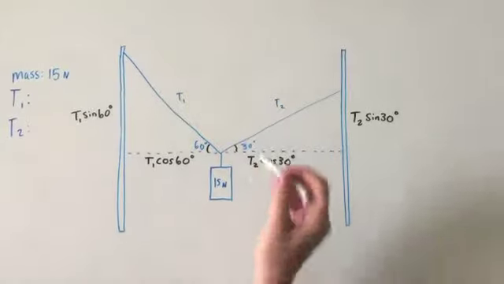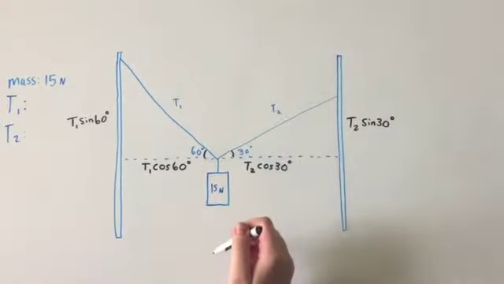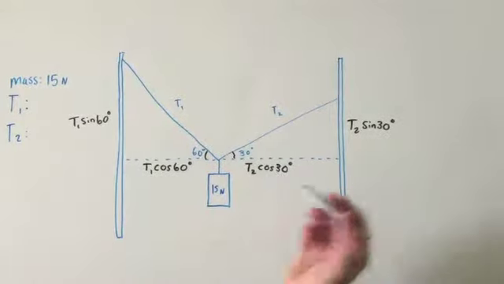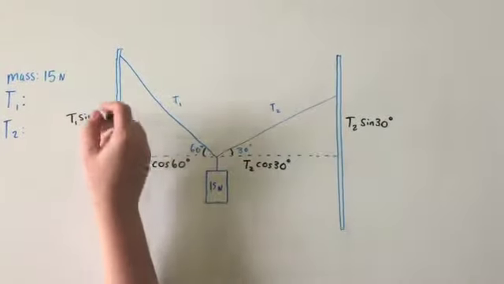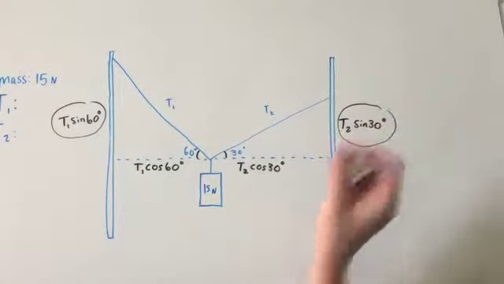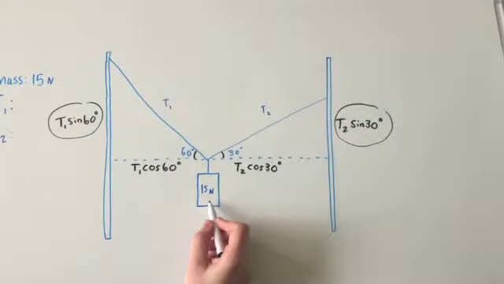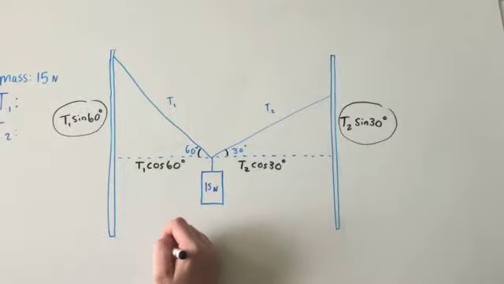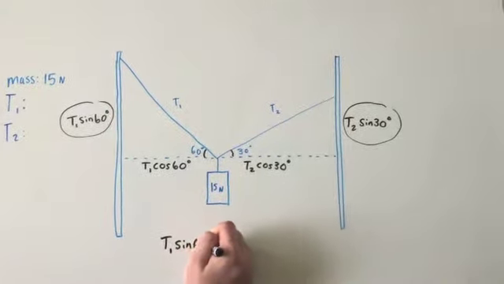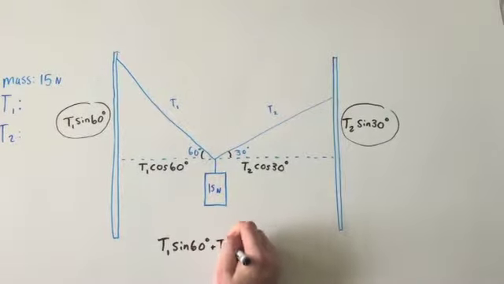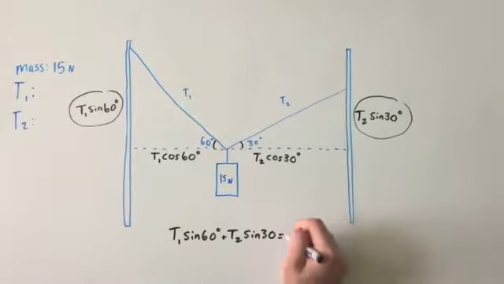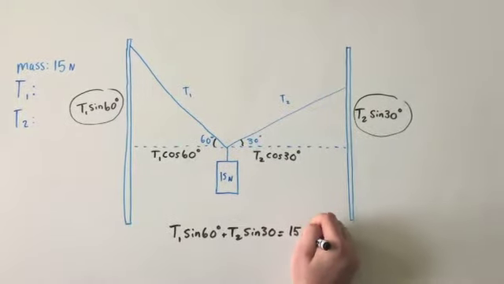So in physics, the up forces must equal the down forces, and the left forces must equal the right forces. So we know that the up forces, which is T1 sine 60 and T2 sine 30, must equal the down forces, which is 15 newtons. So that equation can be written as T1 sine 60 plus T2 sine 30 equals 15 newtons.